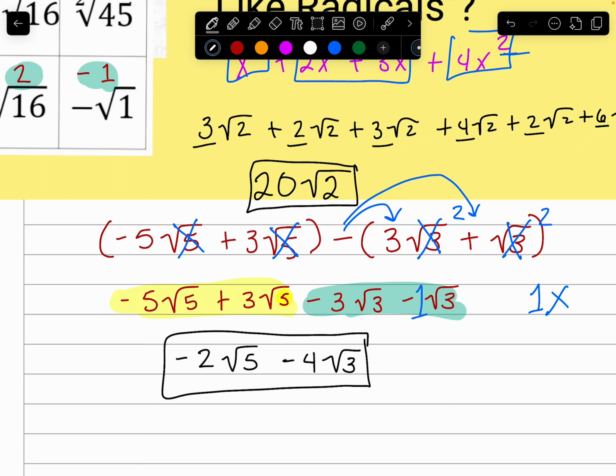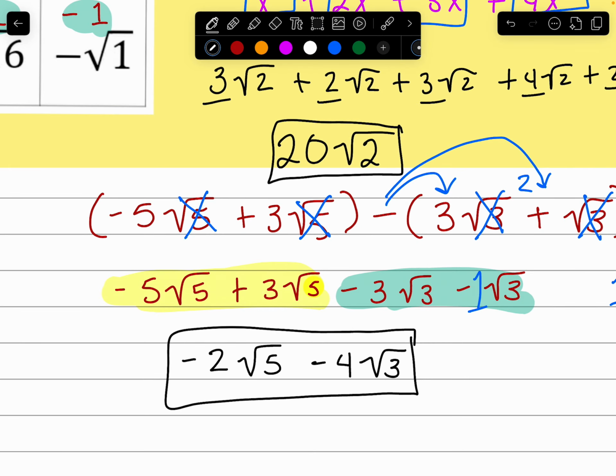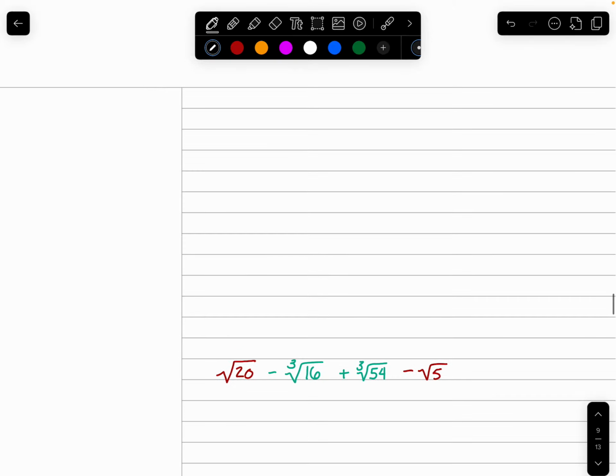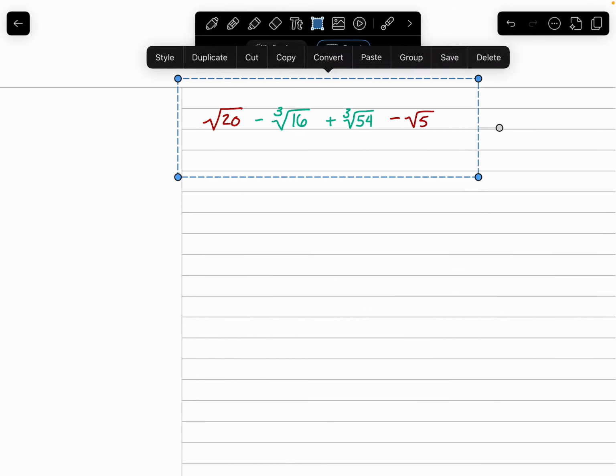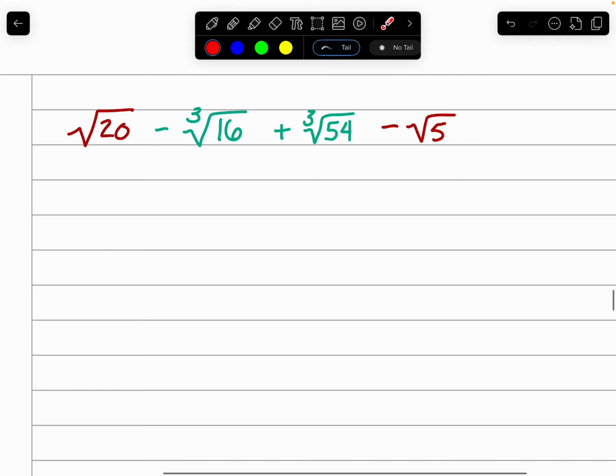Now let's see what we do when they are not in their reduced radical form. So here is one problem. You see how these numbers are pretty big, and I color-coded.